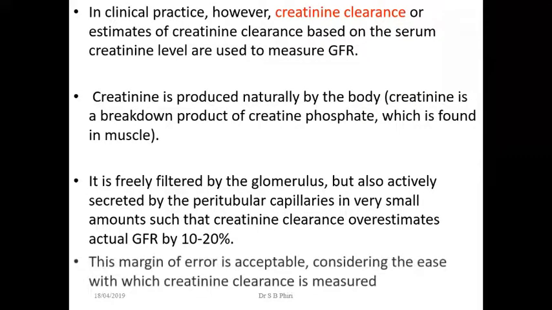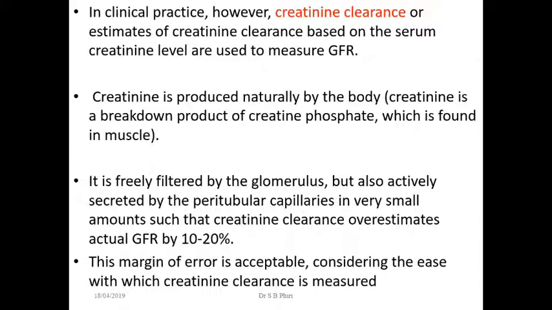But otherwise, the marginal error is also acceptable, considering the ease with which creatinine clearance is measured. It's very easy to measure the creatinine clearance. So it means that it can be used to estimate glomerular filtration rate rather than using inulin. Inulin is not necessarily more practical, but it's going to give you accurate results, because none of it is being reabsorbed, none of it is being secreted.